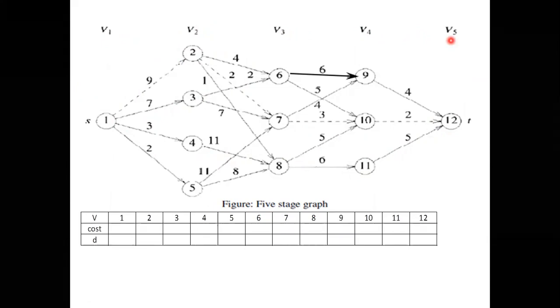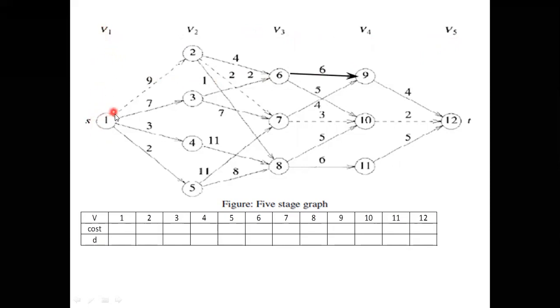Actually it is wrong in this case of multi-stage graph. These are different stages. There are total 5 stages. First stage is V1, second stage is V2, third stage is V3, fourth stage is V4, and fifth stage is V5.